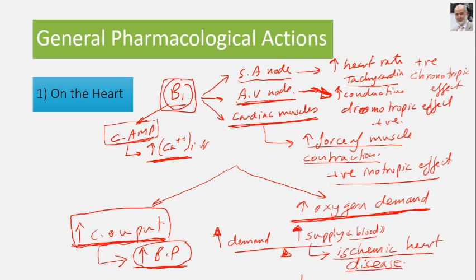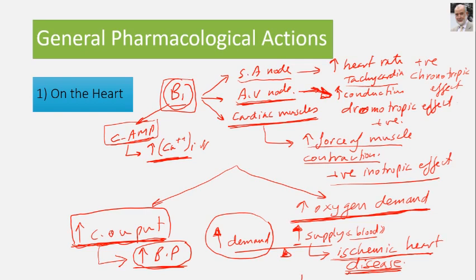In this case, if the supply is not increased, this is dangerous because increasing demand with no increase in supply can subject the person to more ischemic heart disease. That's why these drugs are usually contraindicated in ischemic heart diseases. Okay, so this is the general effect on the heart.